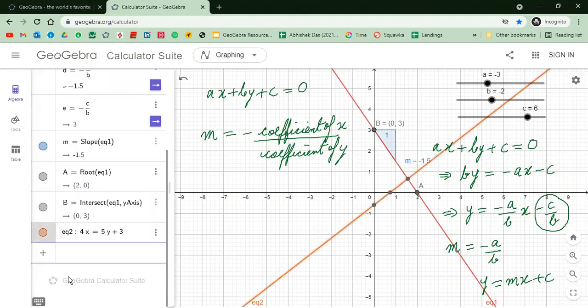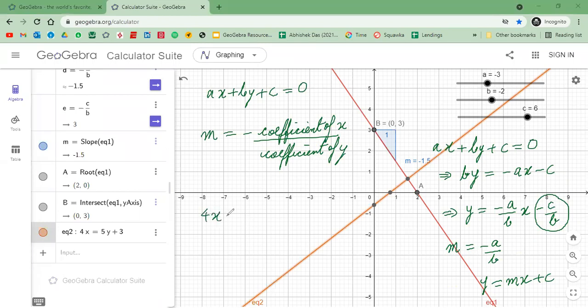Now I have written here 4x equal to 5y plus 3. On rearranging this equation, we'll get 4x minus 5y minus 3 equals 0. And the slope would be equal to negative coefficient of x divided by coefficient of y, which is 4 upon 5.